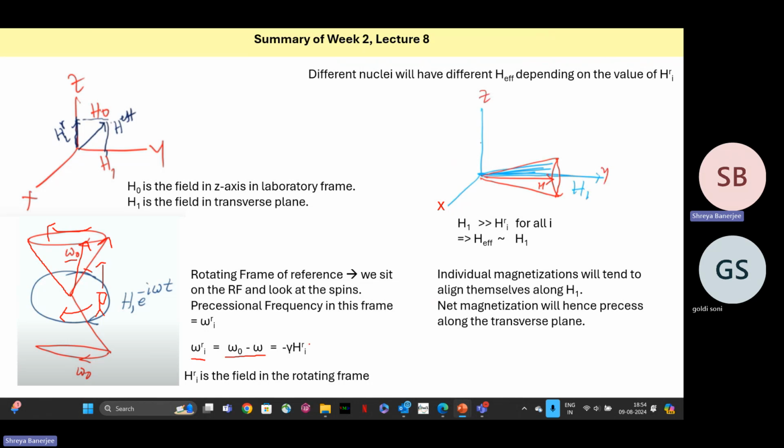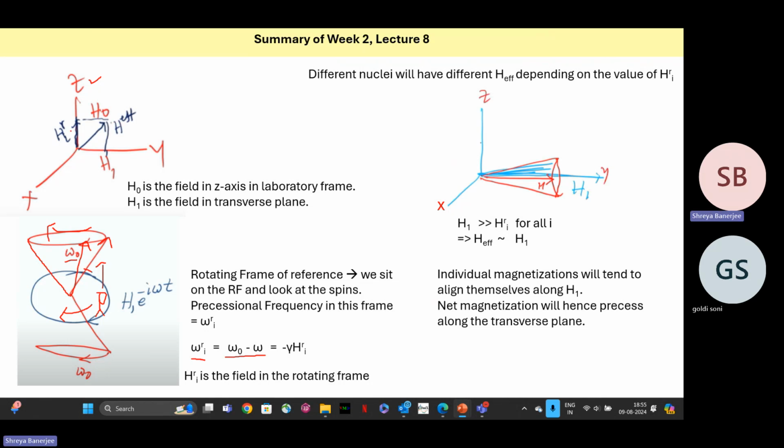Now, if we represent this by a diagram, initially we had the magnetization completely in the z direction, which we are writing as H0. But when the radio frequency pulse is applied, then you have an H effective.